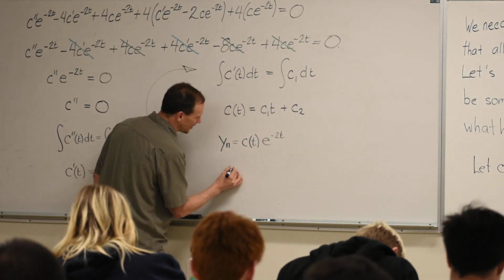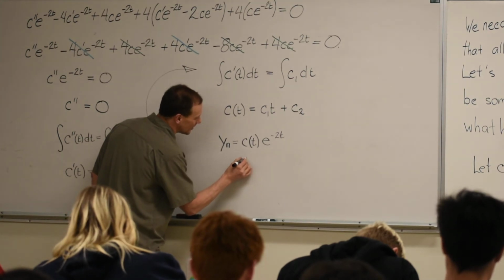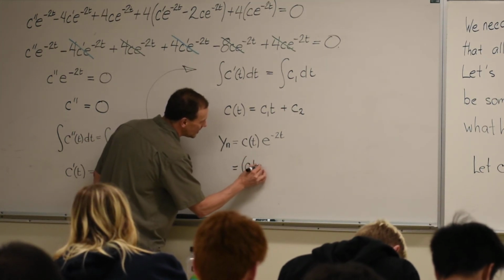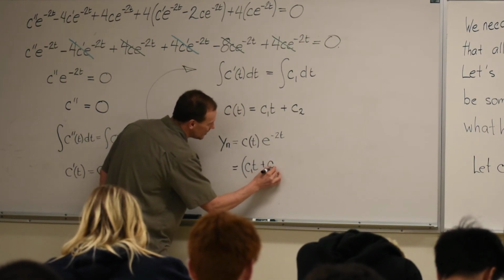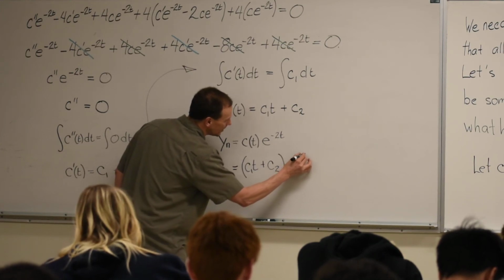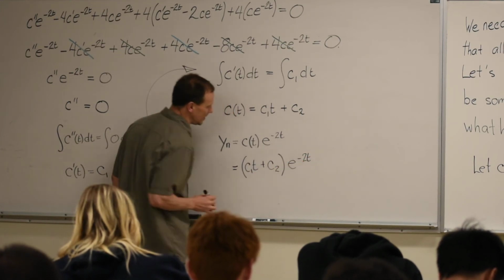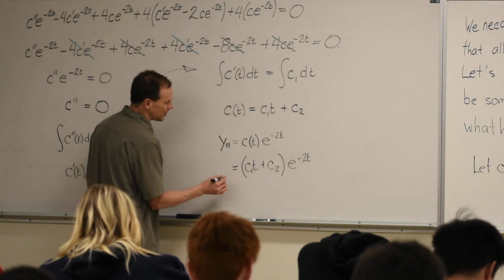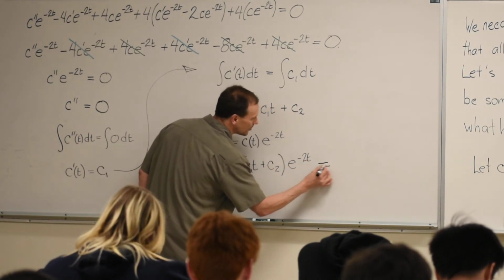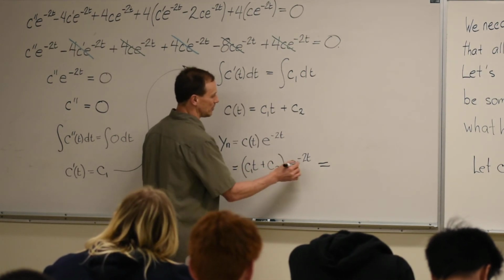But then we just discovered that C is C1 times t plus C2, times e to the minus 2t. We can simply distribute.